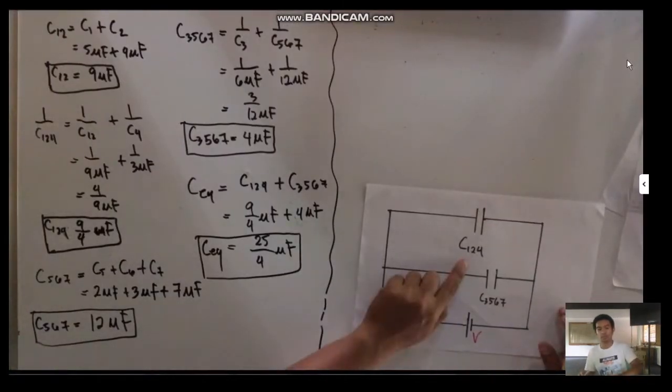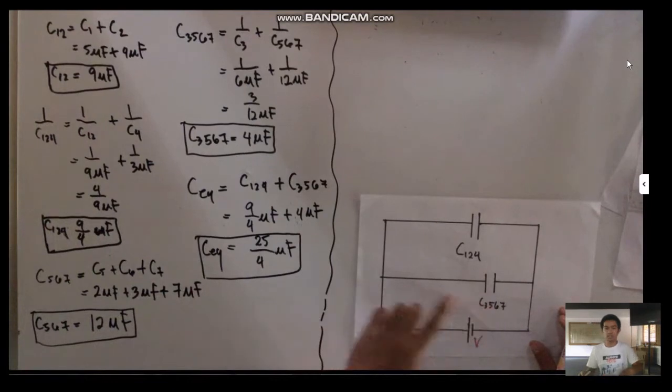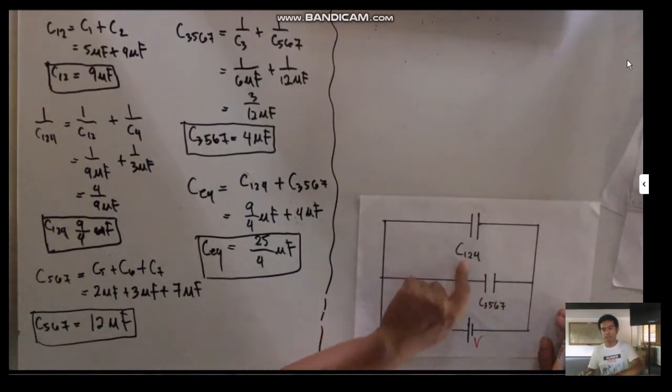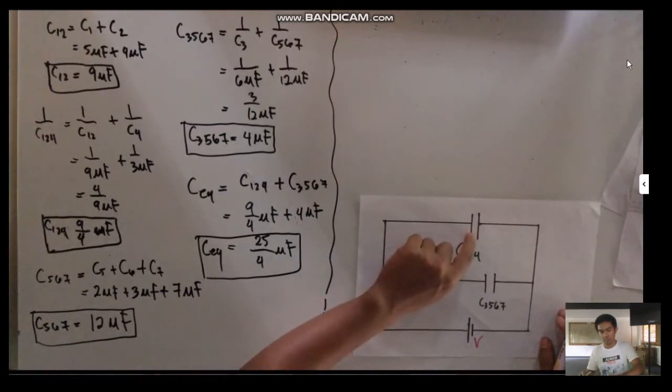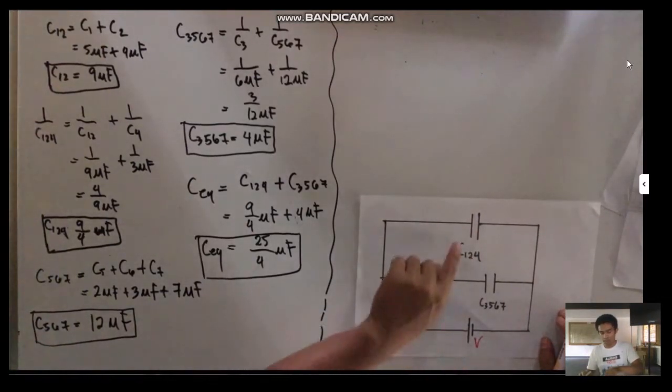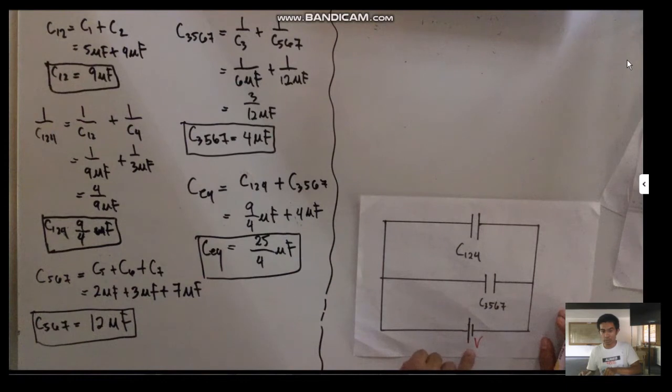Since C12 and C356 are connected in parallel, then C12 will experience the same voltage across its capacitor, equivalent to the total voltage, which is 48 volts. Also, C3567 will experience the same amount of voltage across each capacitor, which is 48 volts.